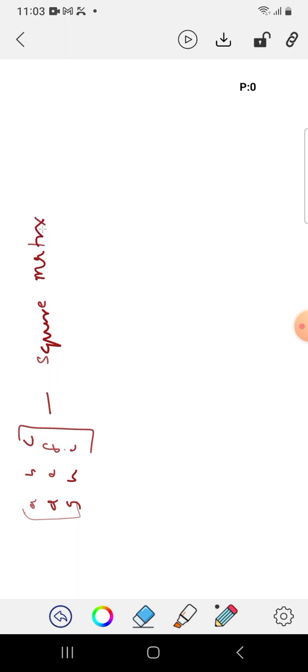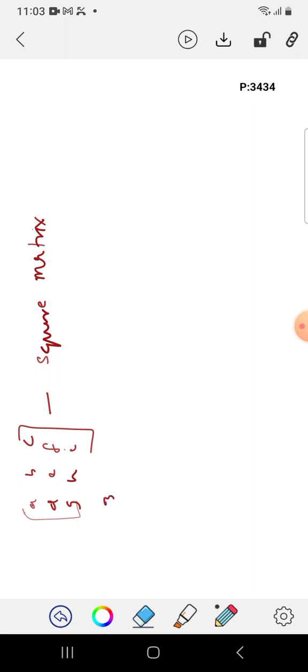So let's say A, B, C, D, E, F, G, H, I. This is a square matrix, and it's only this kind of matrix that you can find the inverse of. You can't find the inverse of anything that is not square.